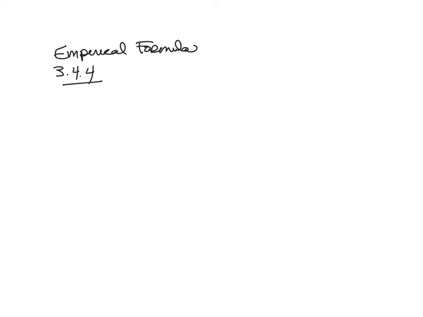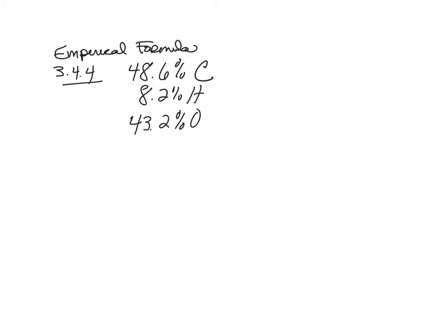So what is the empirical formula of a compound that has 48.6% carbon, 8.2% hydrogen, and 43.2% oxygen? Now, step 1, when you're doing the empirical formula, assume 100% is 100 grams of material.